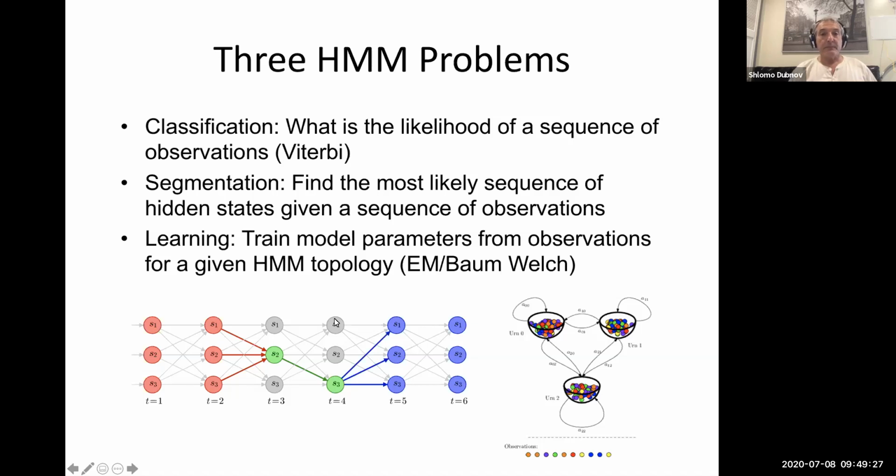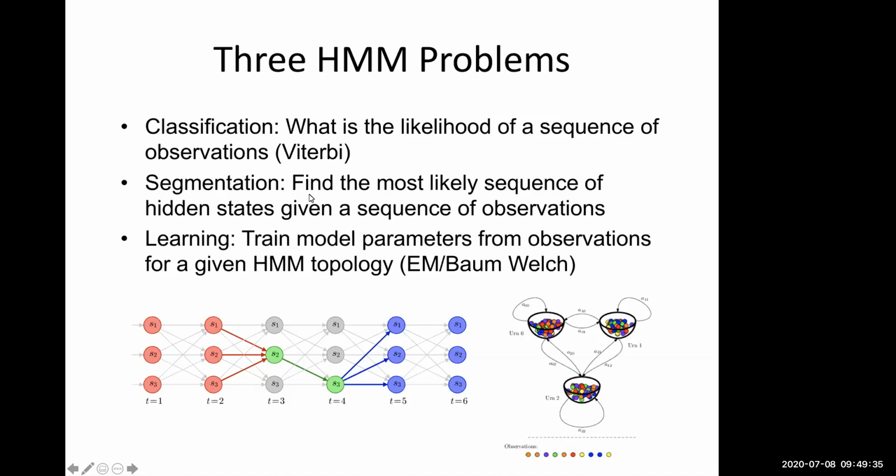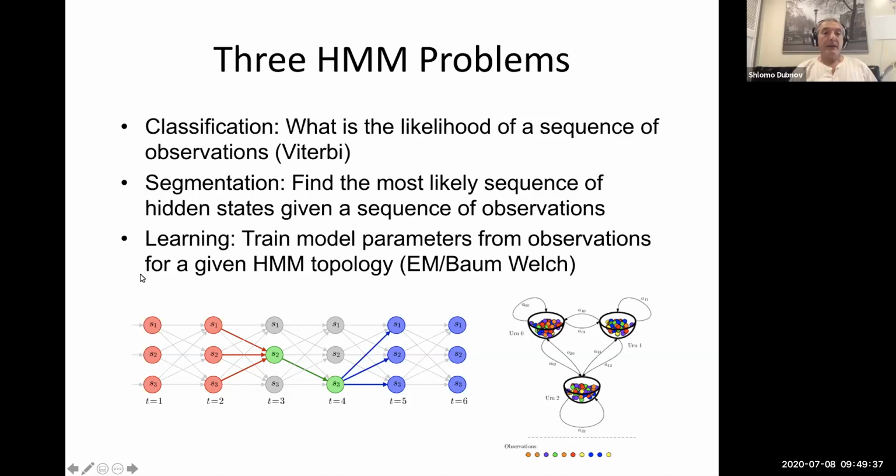Now, by observing this, you actually have to decide what is the sequence of states. This problem is called segmentation, okay? But it happens as you go and try to find your most probable path. And when you sum everything together, you also have an overall probability, the likelihood of a sequence of observations.